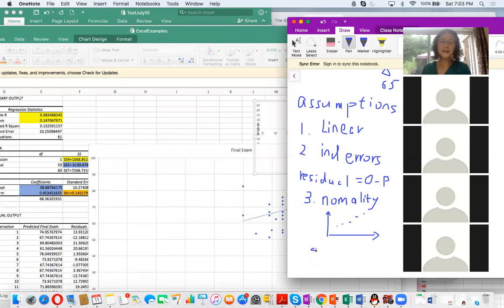Last assumption, equal variance. If the data is not time series data, assumption 4 is automatically met. Our data is not time series data.